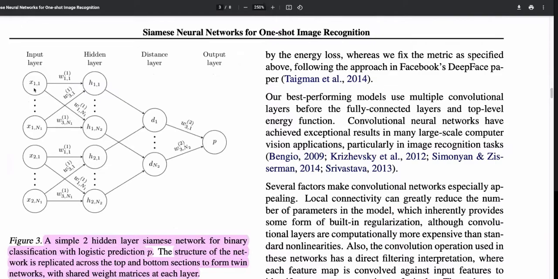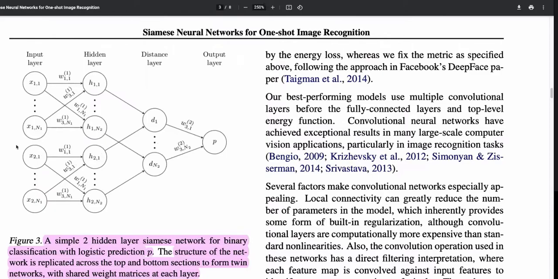Now, your input layer is actually a pair. So each of these is a pair of two images. If the images are the same, you have a ground truth of 1. If the images are drawn from different categories or different subjects, you have a label of 0.